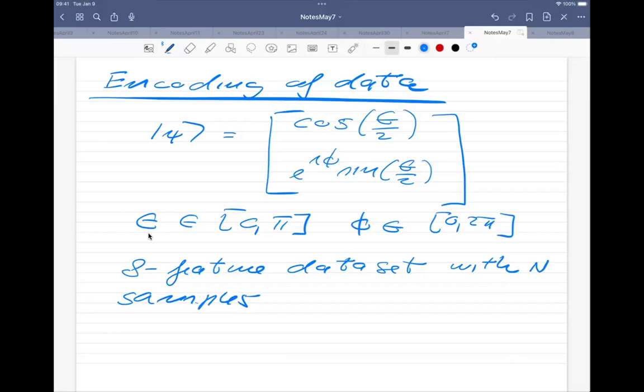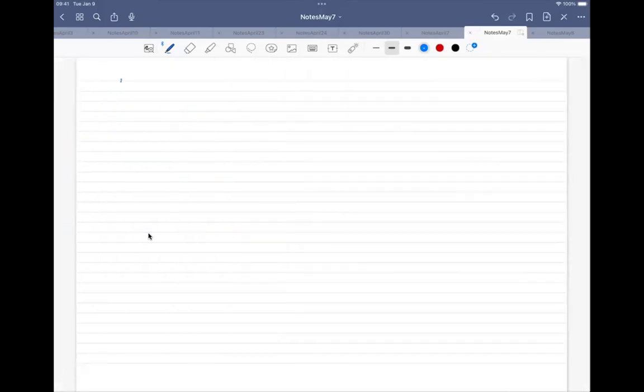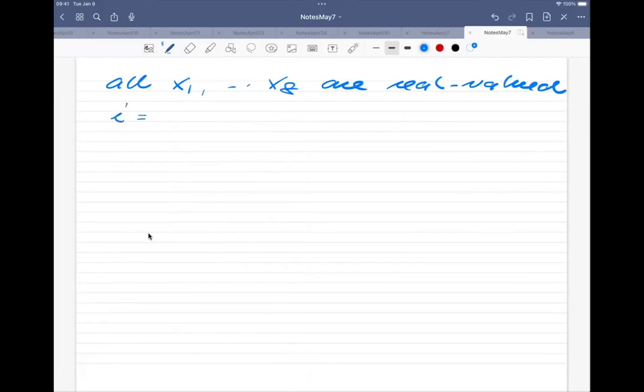And all these features are real valued, and they have some extremal values. So x1 to x8 features are real valued. And for the extremal values, if we let i be given from 1, 2, up to 8, the number of features which we have, then there is an xi min and an xi max.